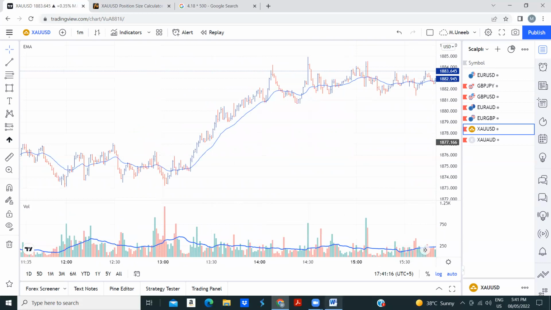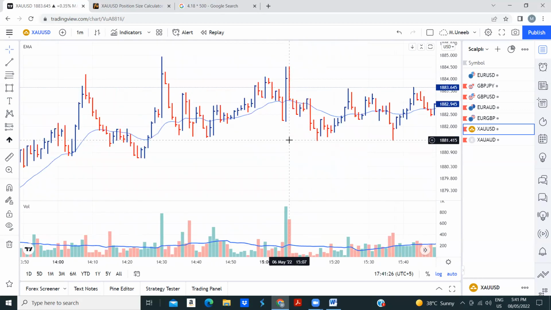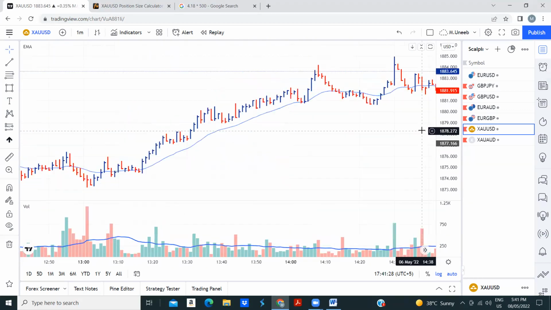All right. So now you understand chart patterns in relation to the volume. Chart patterns are very simple. You can easily identify them throughout the trading structure.